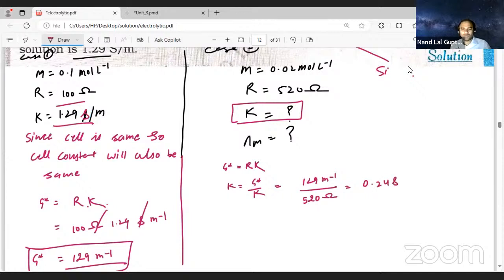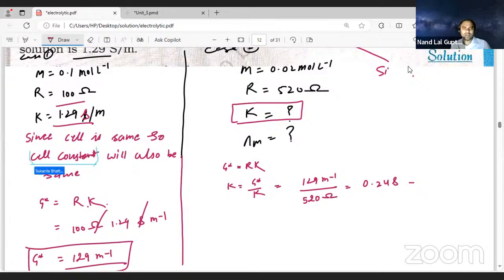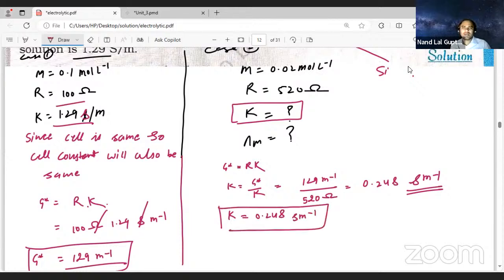If you write the unit, the unit is ohm inverse, which is Siemens, and meter inverse, so Siemens per meter. So the K value we got is 0.248 Siemens per meter. Now they are asking one more thing to calculate, the lambda m value.